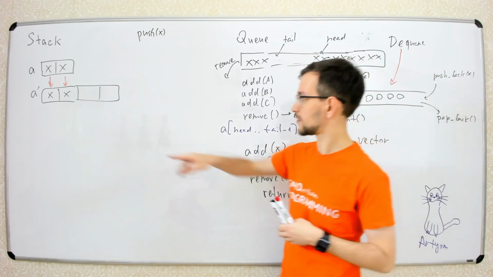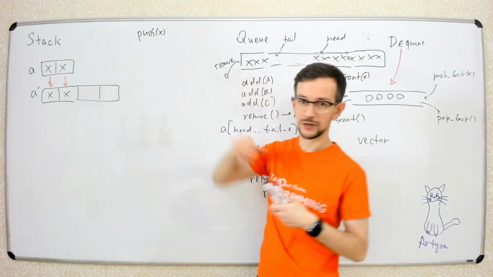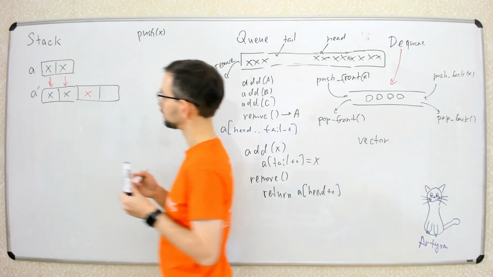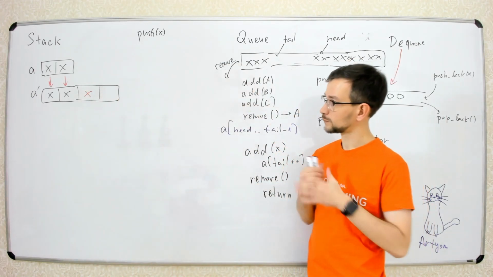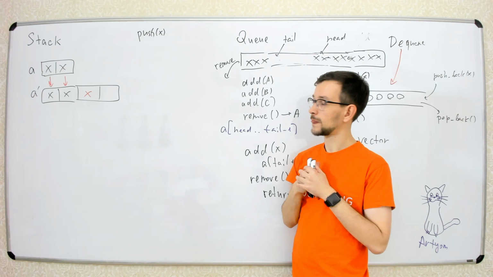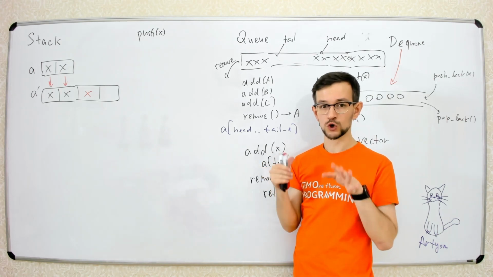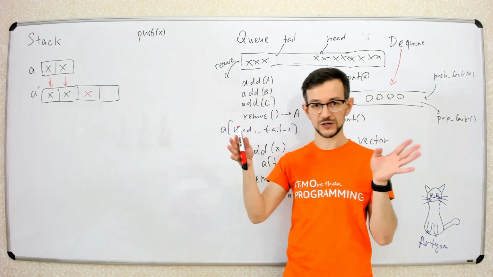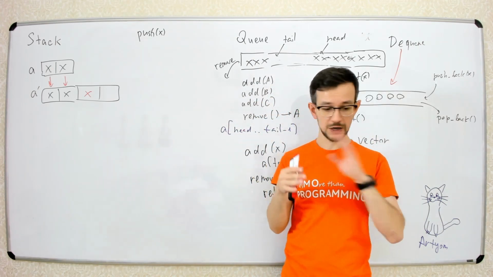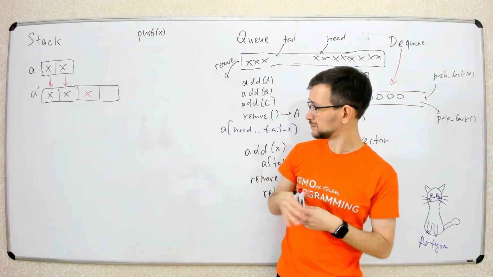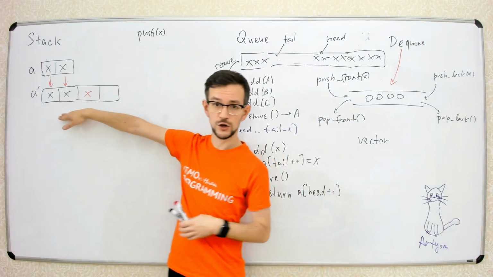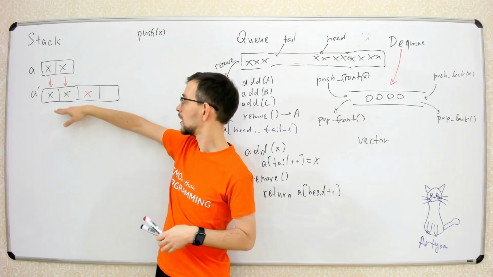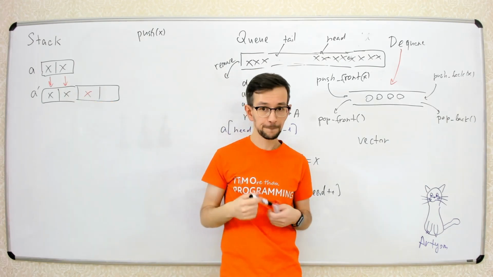And now you have space for the next element to push. So we push the next element here. That's all. That's what happens when you push an element in the vector and the array is full. It creates a new array, copies the elements from this array to the new array, and then adds the new element here.